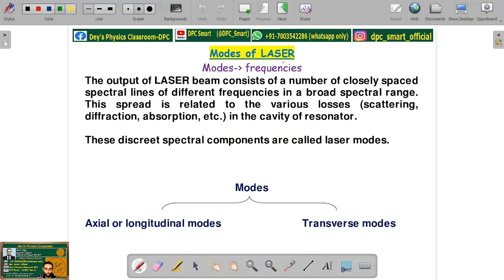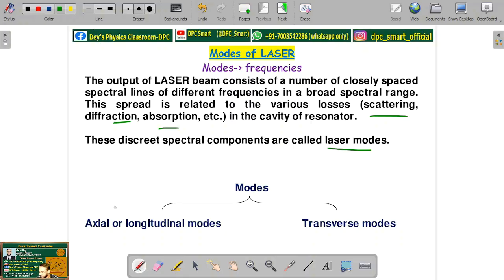That means very closely spaced spectral lines in a broad frequency range, and these losses are due to diffraction, scattering or absorption within the cavity of the optical resonator. So these spectral lines which are very closely spaced having different frequencies are called modes or laser modes.